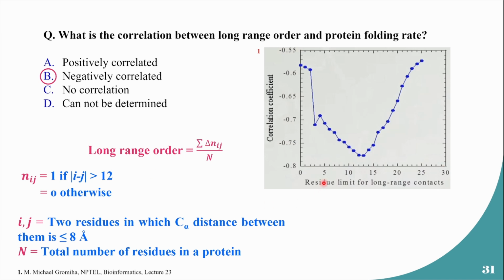But for different residue limits that you set, if you correlate that with the long range contacts and so on, you will see ultimately that residue limits like 10, 12, 13 are showing the best correlation here. And we can see the correlation has a negative value. That means inversely correlated, or negatively correlated, you can see. Okay. So both long range order and contact order will be inversely correlated to the protein folding rate, right?